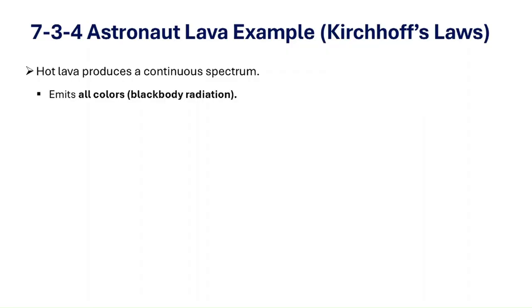Remember, this is also what we call blackbody radiation. And the brightest color, or peak wavelength, depends on temperature. So using Wien's law, we can measure the lava's temperature from its spectrum. And that's the same way we measure the temperature of stars.